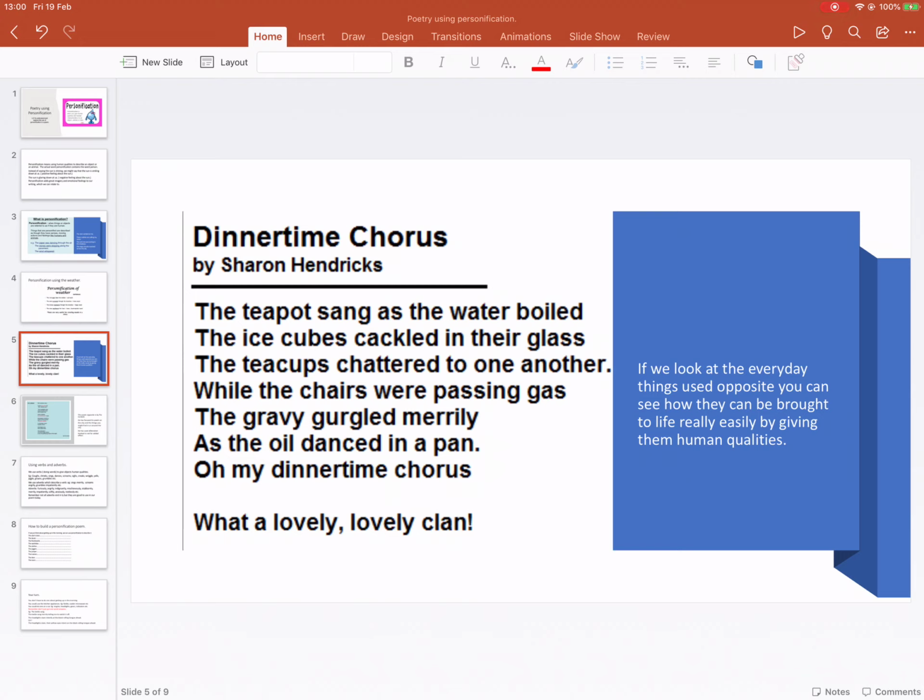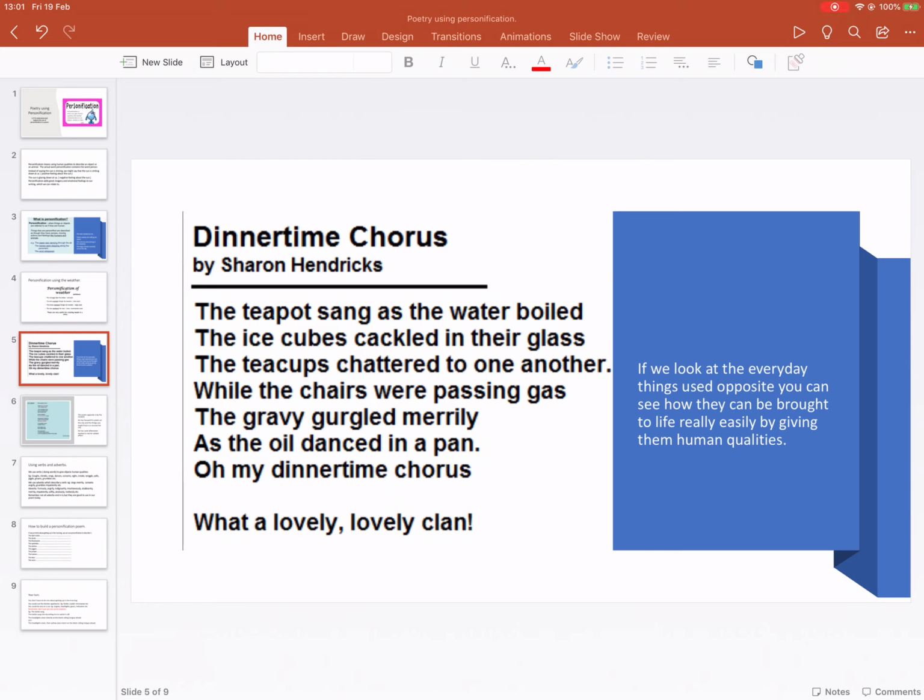If we look at the everyday things used opposite, you can see how they can be brought to life really easily by giving them human qualities. So that teapot, it sang. The ice cubes cackled. The teacups chattered to one another while the chairs were passing gas. The gravy gurgled merrily. They've used alliteration on that line. Gravy gurgled merrily as the oil danced in a pan.